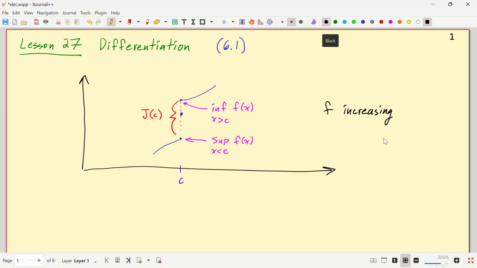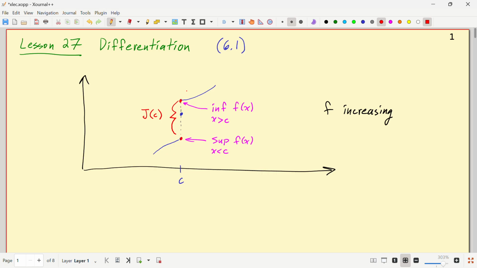That's why that is. And the actual value of the function at the jump could be anywhere in between those dots. I'll make those dots colored. The actual value could be anywhere between those two red dots, and it could be equal to one of those red dots.